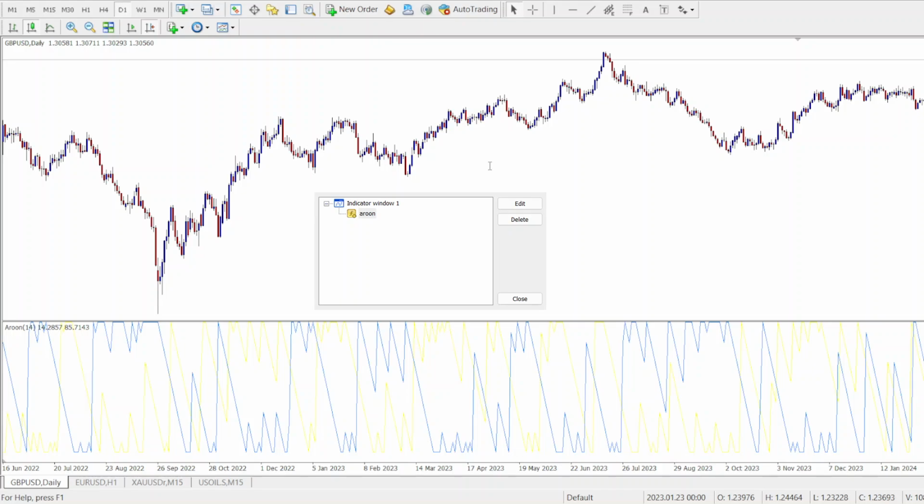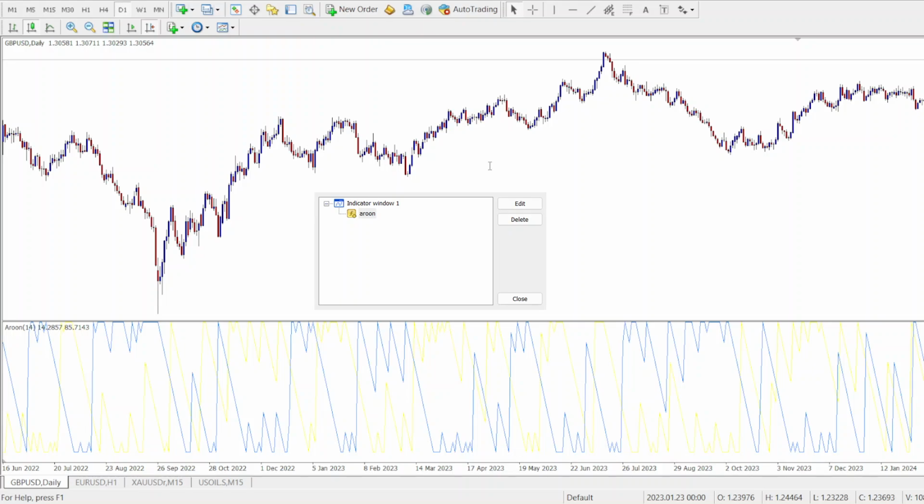Remember that for short-term trading, a lower value for the period is going to be better so that the indicator can react faster to price movements. But for longer term trading, higher values are better so that the indicator gets smoothed out and you can get a clear direction of the trend.